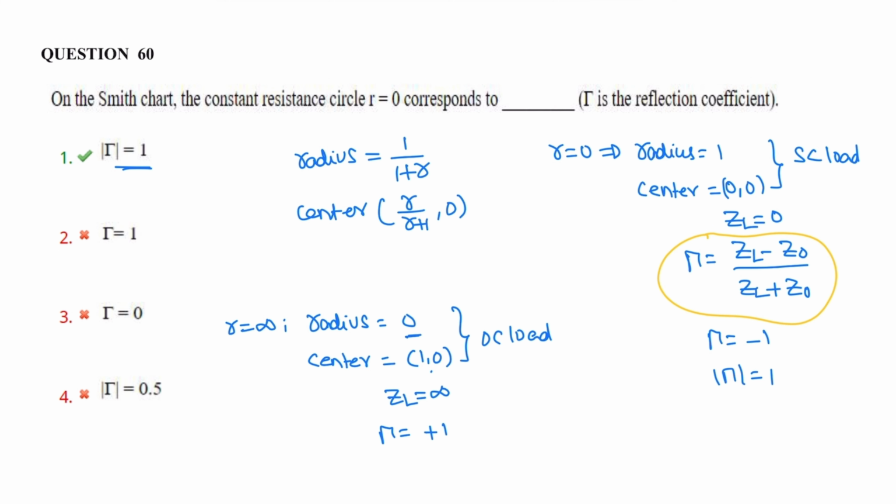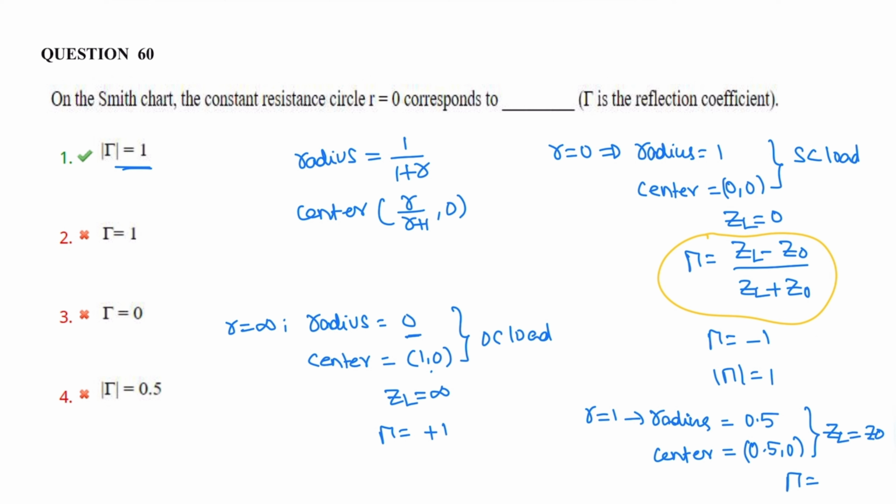Next, take constant resistance circle of r is equal to 1. For this case, radius is 1 by 1 plus r, 0.5, and center is 1 by 1 plus 2, that is 0.5 comma 0. So in this case, reflection is 0 because load impedance matches with the characteristic impedance.